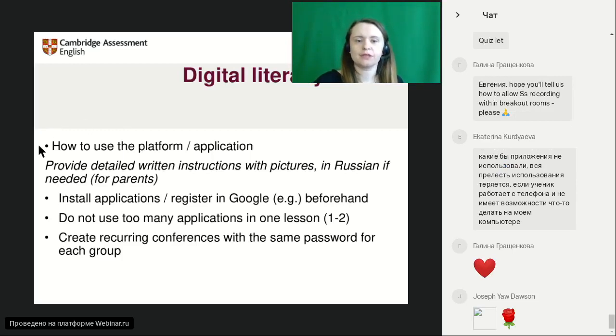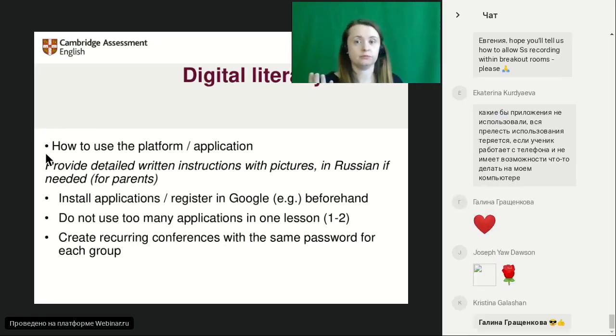So I would suggest choosing one platform or application and writing an instruction, probably in Russian, and an instruction that their parents can read, because very often parents don't know that too. I know this from my personal experience from parents' chats from school, where there are 30 people who are absolutely lost with this technology. So a very detailed instruction.